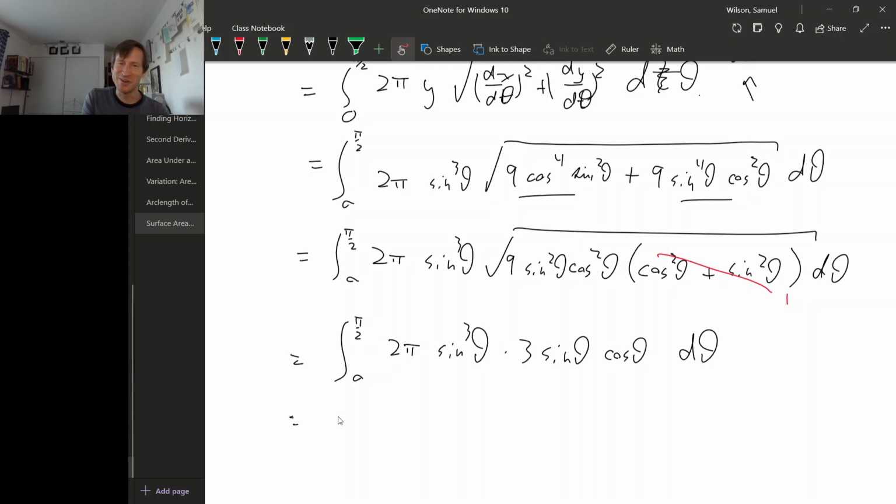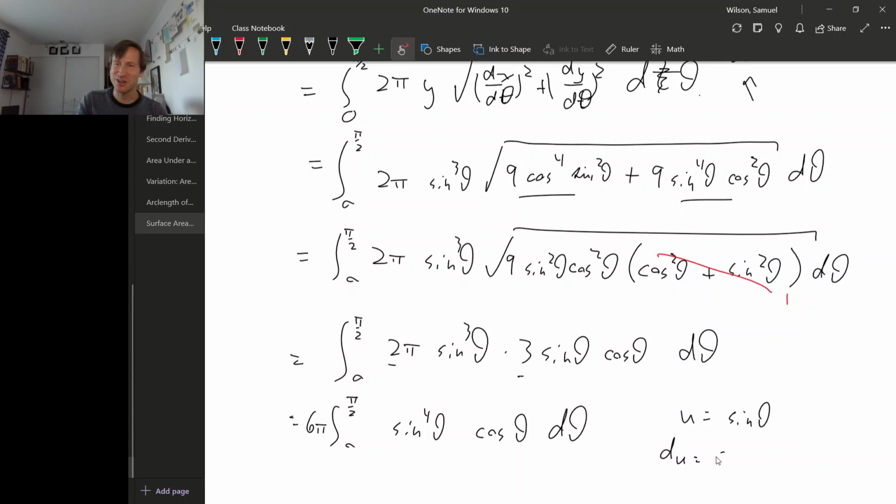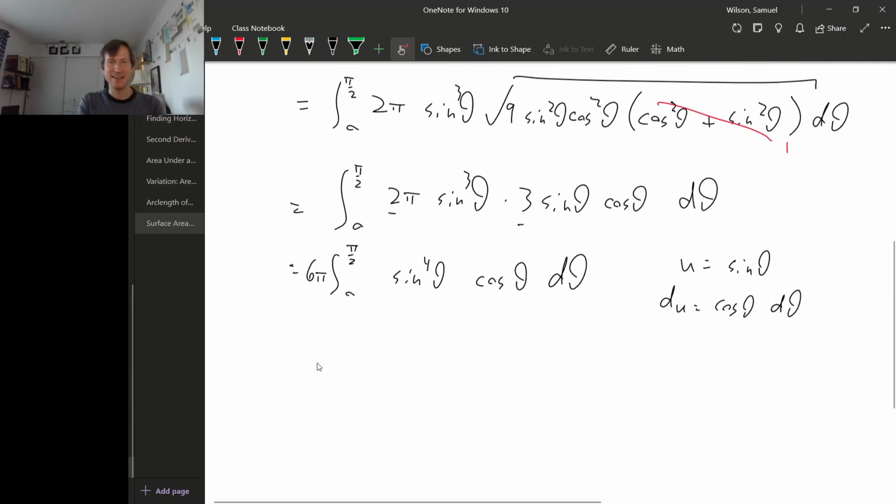And now, in the integral we have 2 pi and 3, so that's 6 pi. We can move that outside. Integral from 0 to pi over 2. So now we have sine to the 4th theta times cosine theta d theta, and now this is set up for u substitution. Now we can say that u is sine theta, du is cosine theta d theta, and we get 6 pi times the integral.